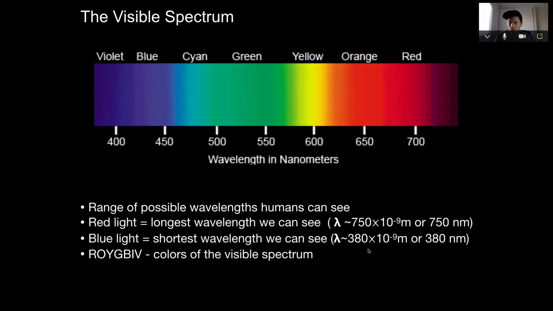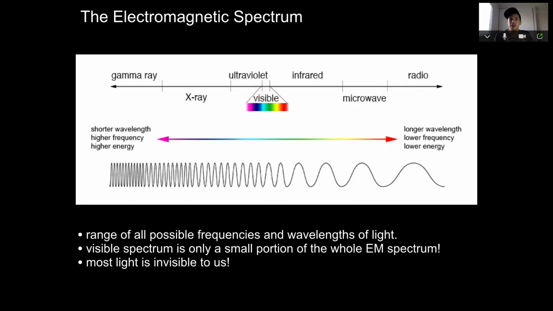Okay? All right, so what about the whole light spectrum? The whole light spectrum is called the electromagnetic spectrum. So remember, light is an electromagnetic wave. So therefore, you have to include other wavelengths outside of the visible light range. And so here's a figure to illustrate that.